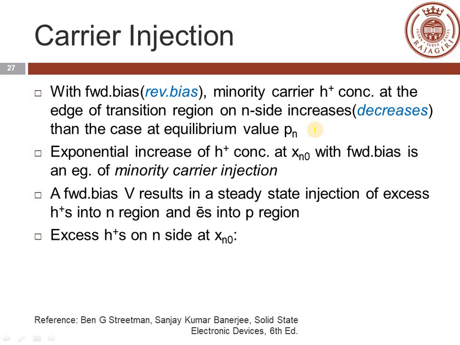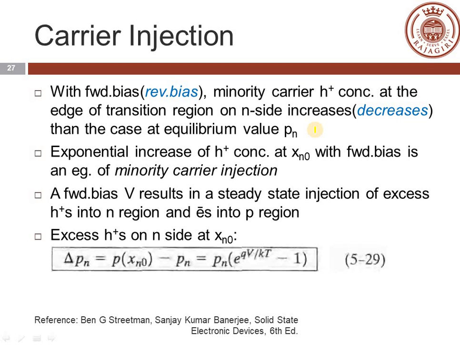Excess holes on the n side at xn0 can be written as delta Pn, which is equal to P of xn0 minus Pn, which is equal to Pn into e to the power QV by kT minus 1. Again, capital delta Pn is the instantaneous initial excess carrier concentration at xn0. P of xn0 is the carrier concentration at xn0, and Pn is the equilibrium hole concentration.